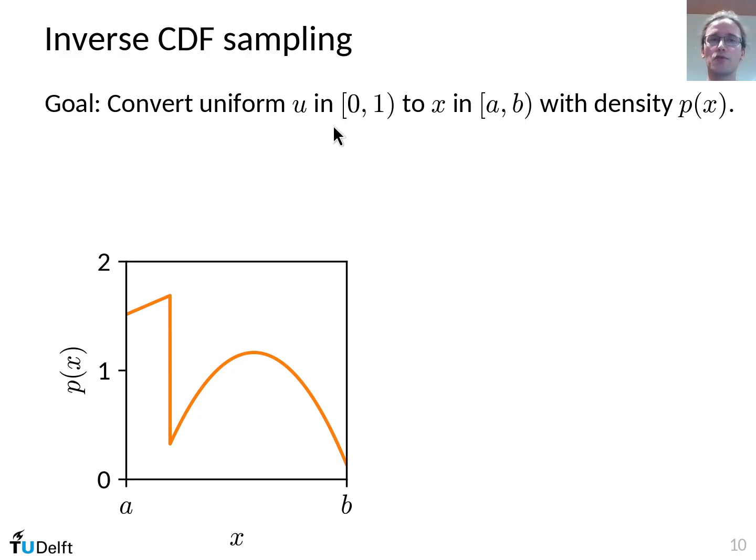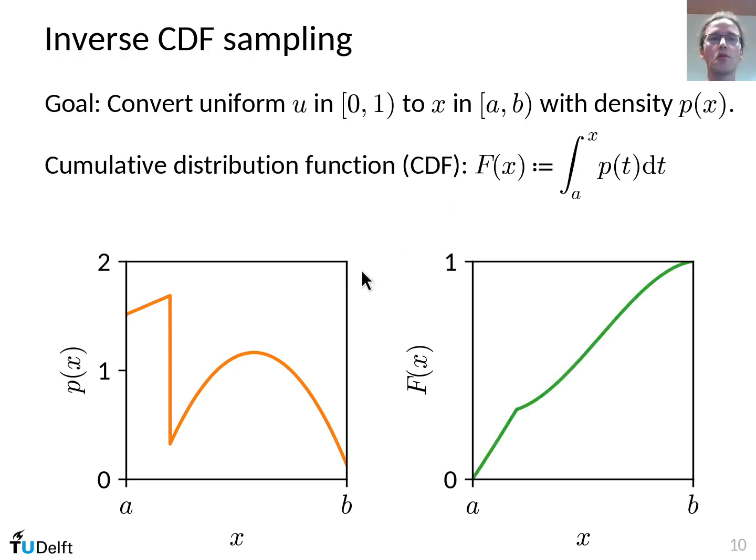So we can, of course, always get these uniform random numbers in the unit interval easily using, for example, PCG2D. That's the pseudo-random number generator we looked at last week. And our goal is to convert that into samples with the desired density.